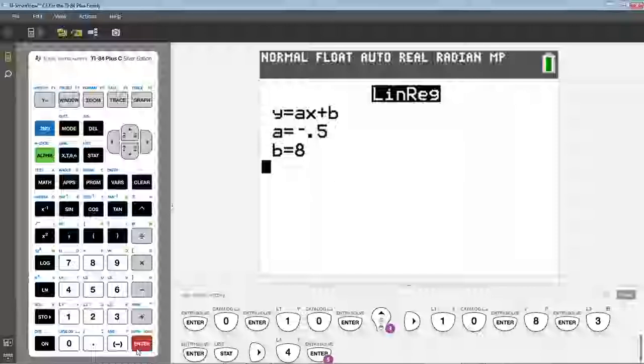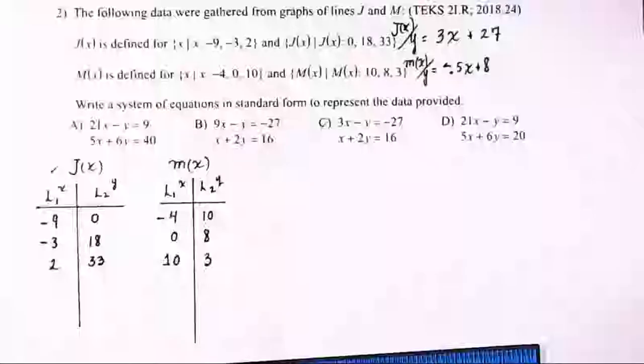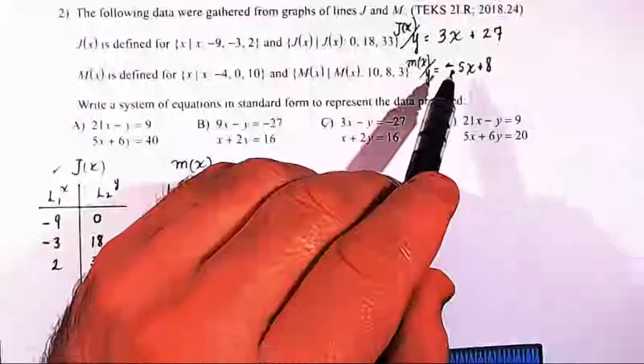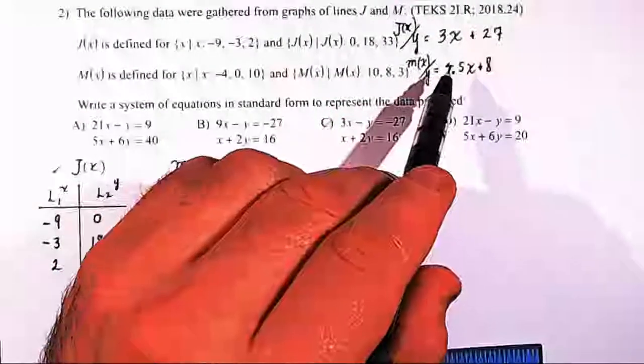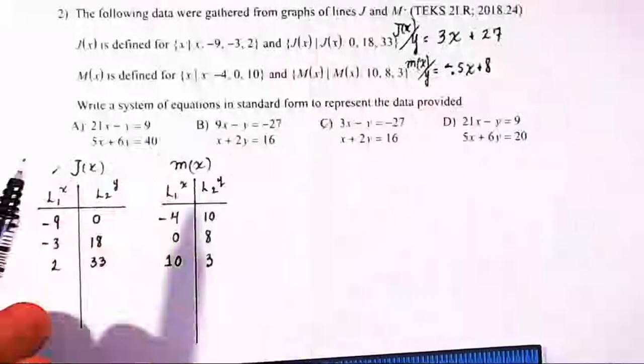So I'll write m of x slash y equals -0.5x plus 8. All right, let me go back to our work surface so we can talk a little bit about this. Here I've written that up here, m of x or y equals -0.5x plus 8.